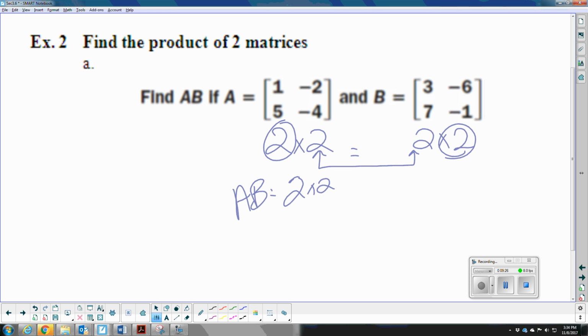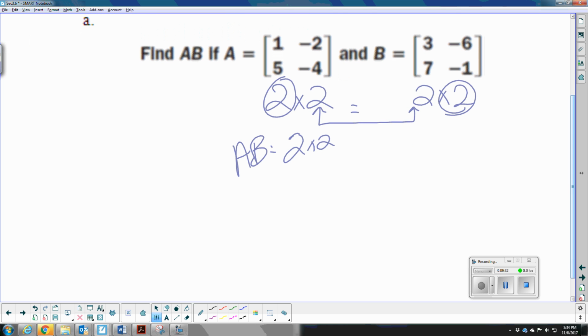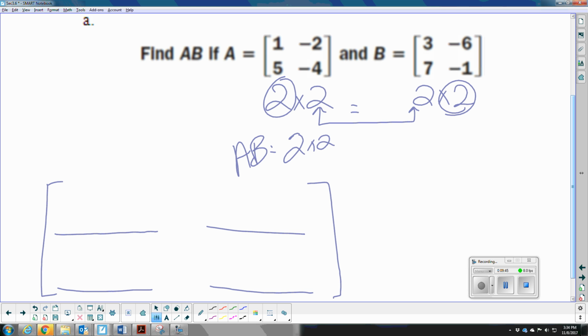So now let's actually sum this up. I'm going to write it out the long way, and then we'll simplify it. But it's going to be a 2 by 2 matrix. So I have 2 rows and 2 columns.